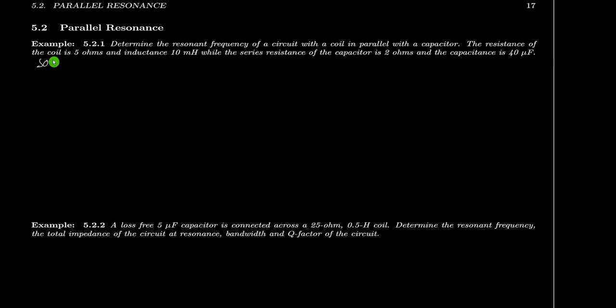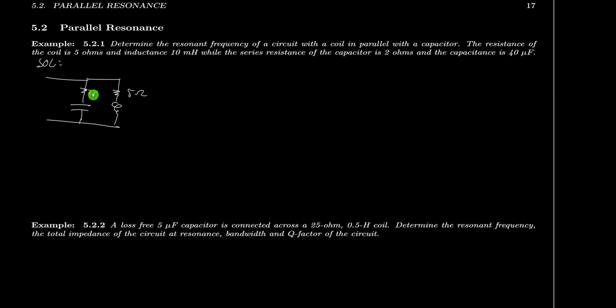So this is a parallel circuit with a capacitor that has a series resistance in parallel with an inductor or a coil. So this is 5 ohms for the inductance.